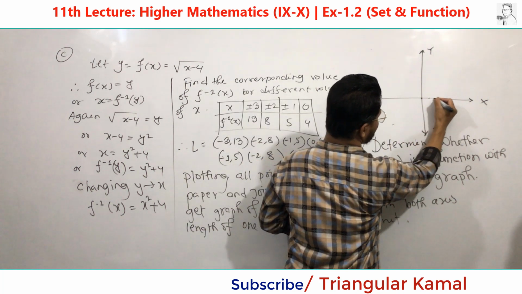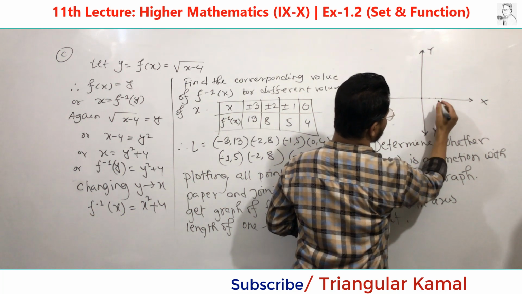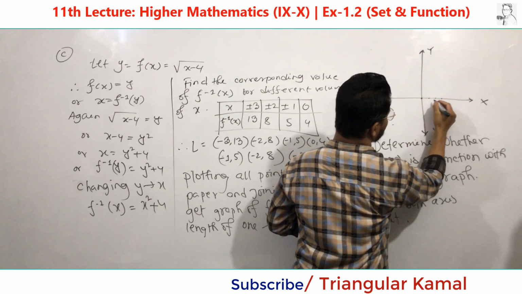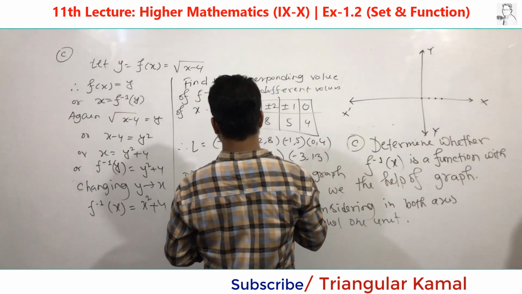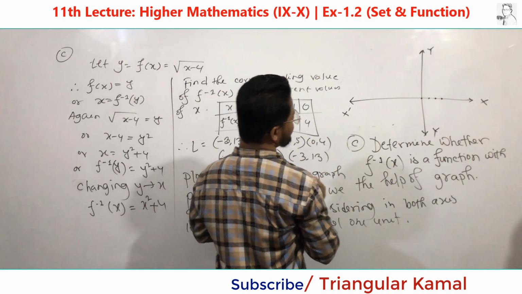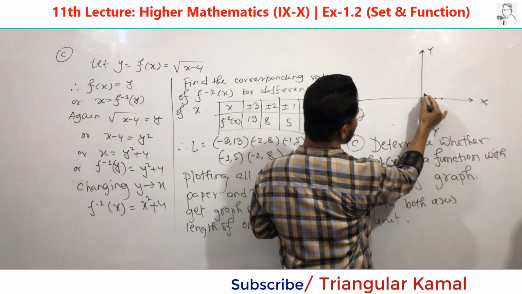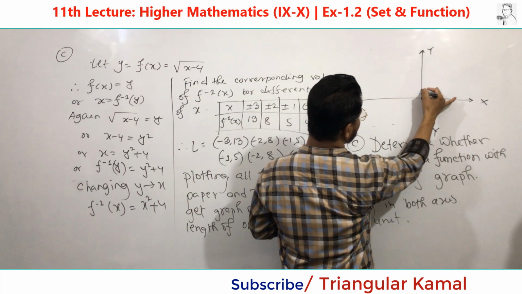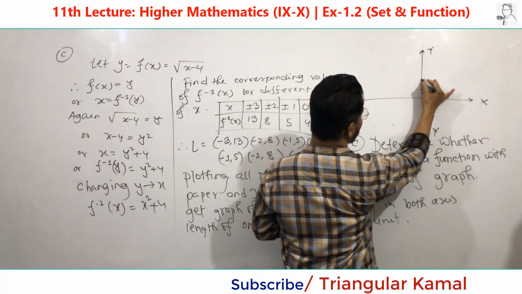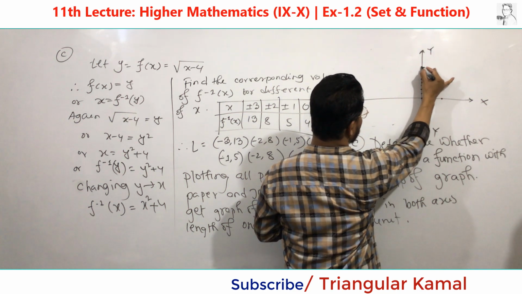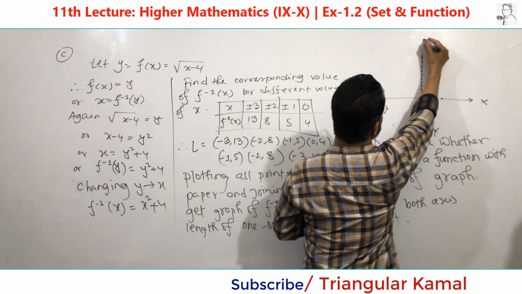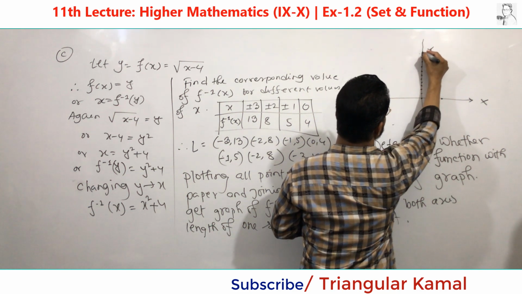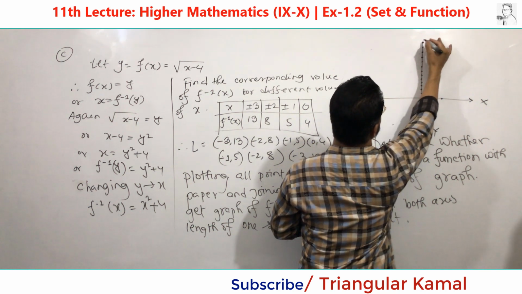Considering here 1, 2, 3, like here 1, 2, 3. Maximum value of y is 13. So we can write here 1, 2, 3, 4, 5, 6, 7, 8, 9, 10, 11, 12 and 13.